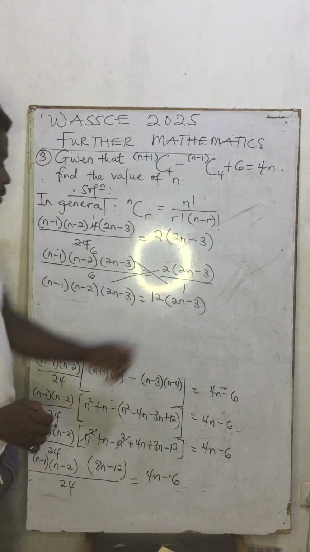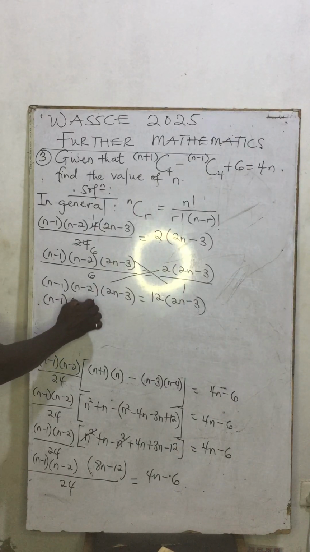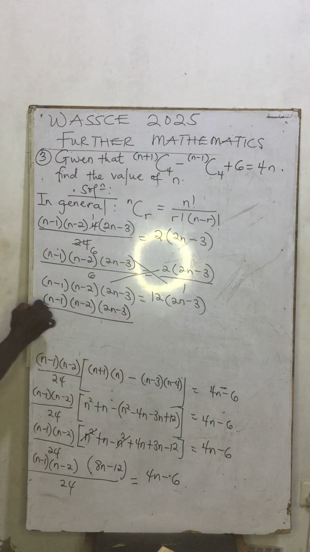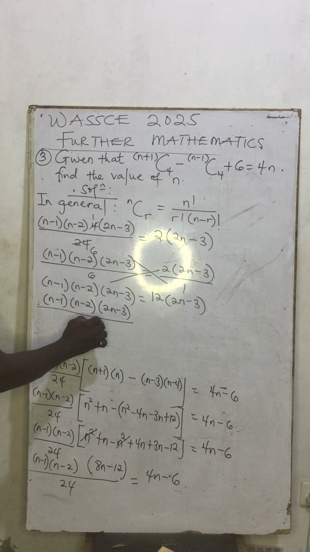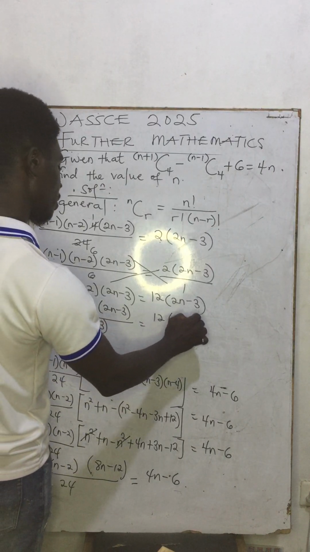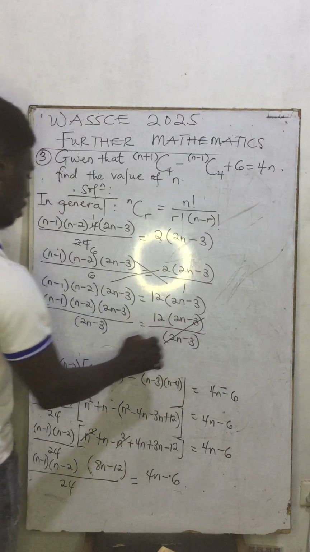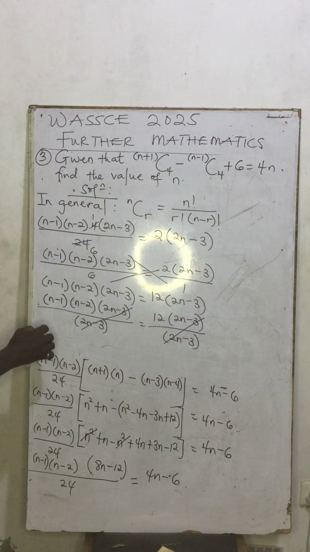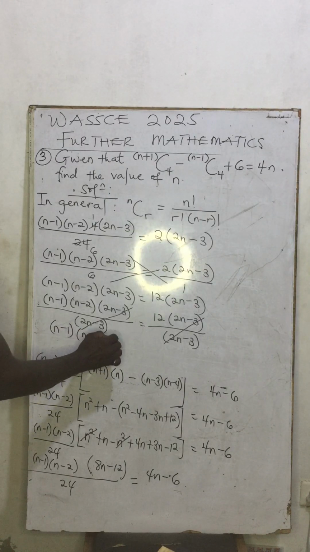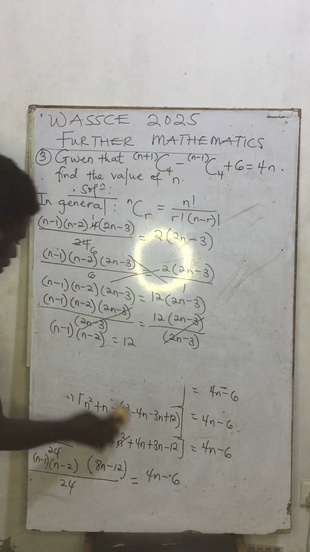Now this can cancel that, so we can divide 2n minus 3, then here 2n minus 3 is equal to 12 times 2n minus 3 all over 2n minus 3. So this one cancels, this one cancels. So we have n minus 1, n minus 2 is equal to 12. So we have this.